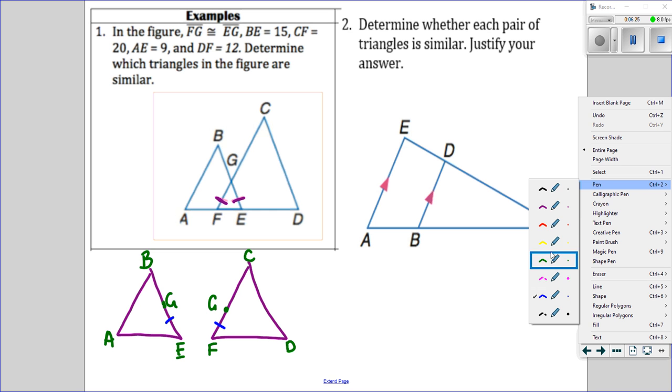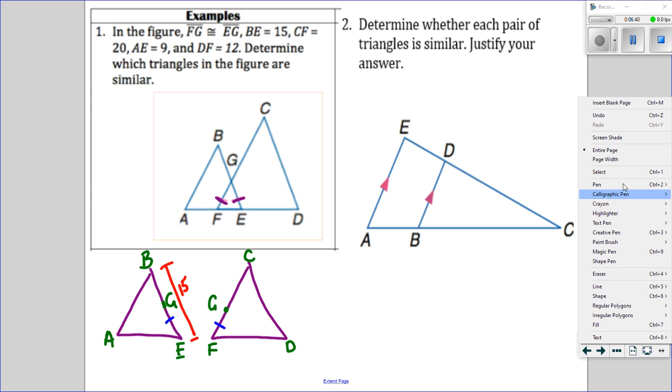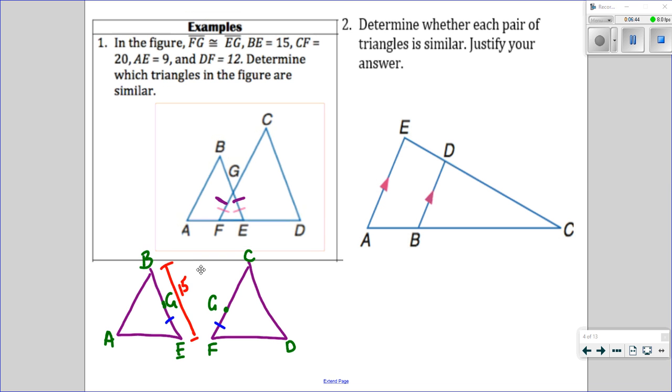And I'm going to use red to label it. So that means BE, that whole thing, is 15. Then CF. You know what? I'm going to move that so I can give myself some space to work with. Oops.